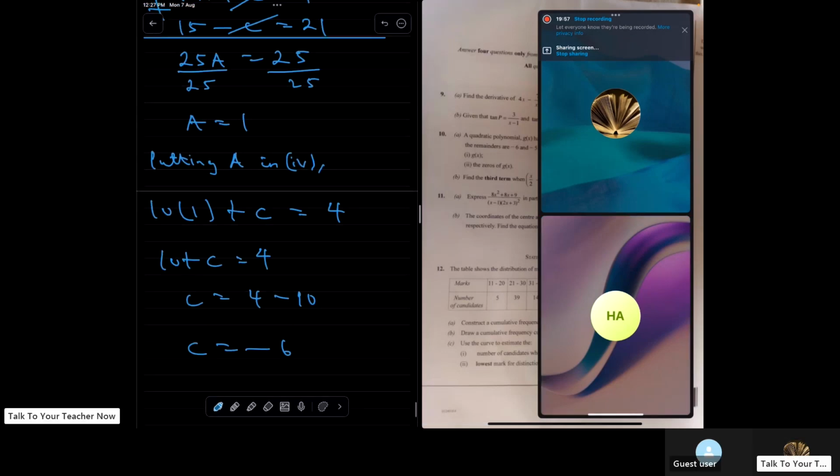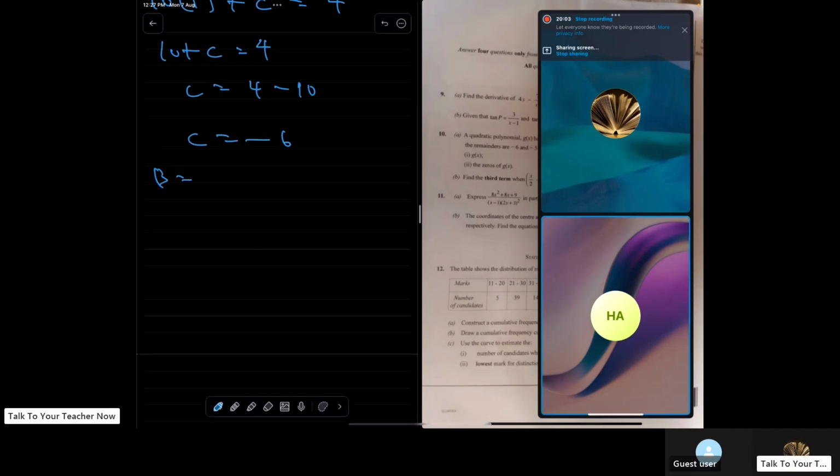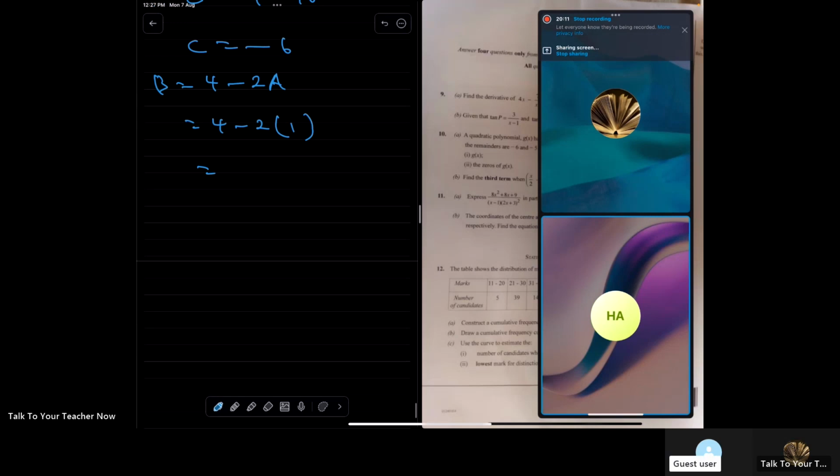So now we already have a and c. There's a definition for b already. We were supposed to find b equals 4 minus 2a, and that's 4 minus 2 times 1, which is 2.